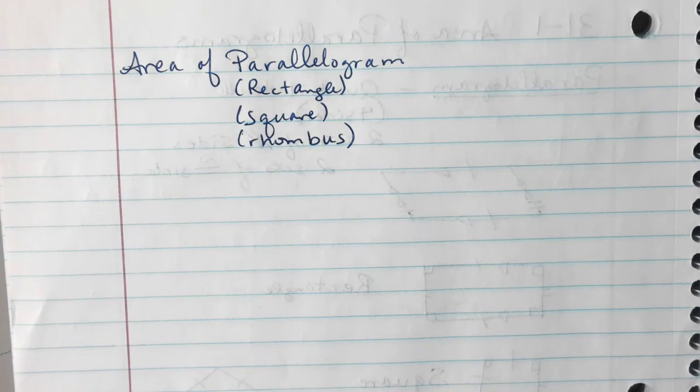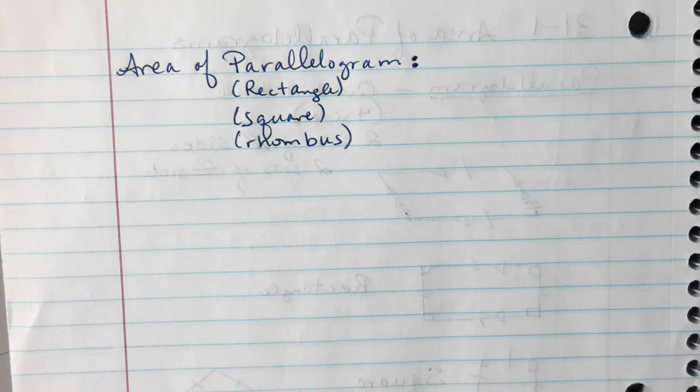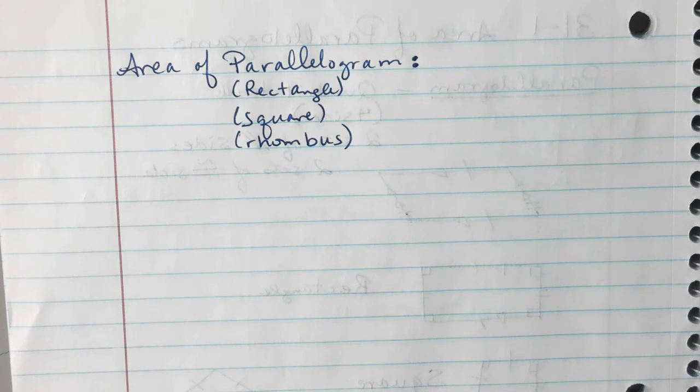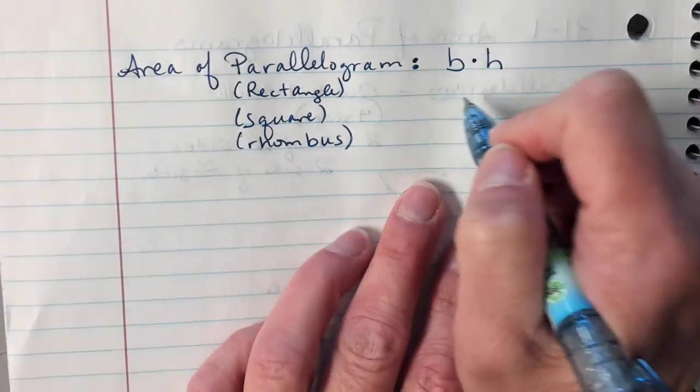So by saying parallelogram, I'm being really generic, and I'm covering other specific figures. So the area of a parallelogram, a rectangle, a square, a rhombus is base times height.